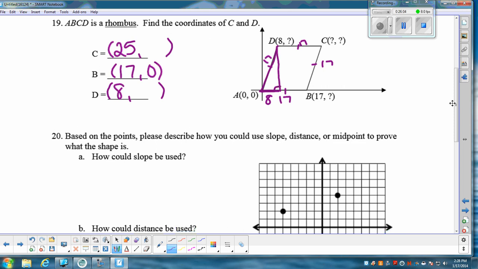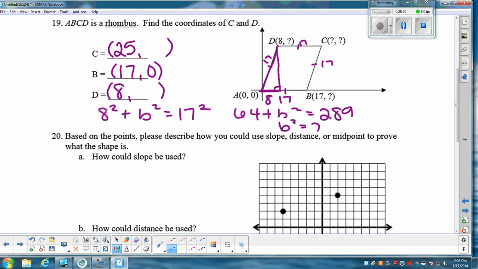So to find the height of that, we can use the Pythagorean Theorem. 8 squared plus b squared equals 17 squared. 64 plus b squared equals 289. b squared is 225, which means that this is 15. So that means that we went up 15 to get to point D, which means that's our y value. It is also our y value for point C. Yay.